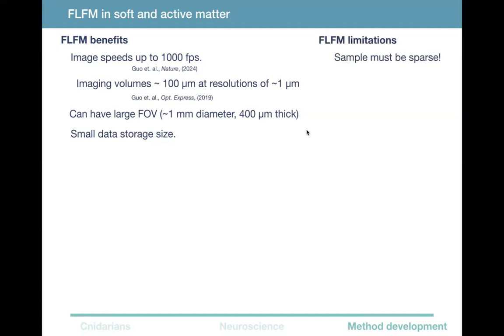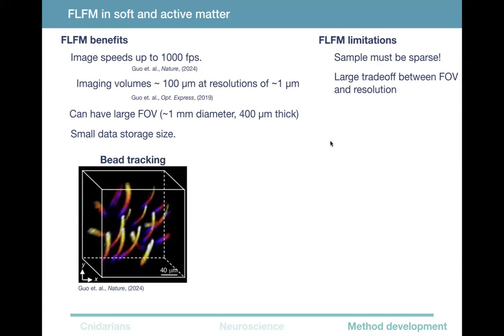Of course, there are limitations. The sample has to be sparse, right? If things are really dense and objects are occluded by other objects in multiple lens arrays, it's going to be hard to reconstruct them. And there's sort of an exaggerated trade-off between field of view and resolution. I mean, if you go to higher magnification, you always lose some field of view, but it's particularly bad for Fourier light field microscopy.